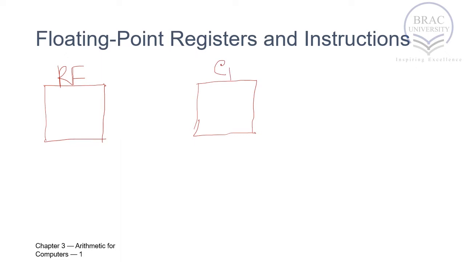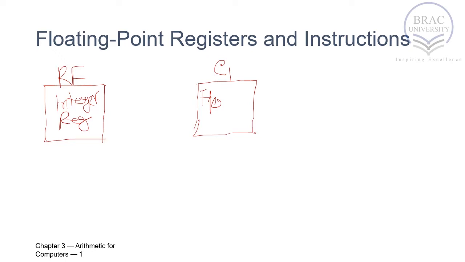In the register file we have integer registers, meaning registers that can handle integer values, and inside the floating point register or C1 we have registers that can handle floating point values.